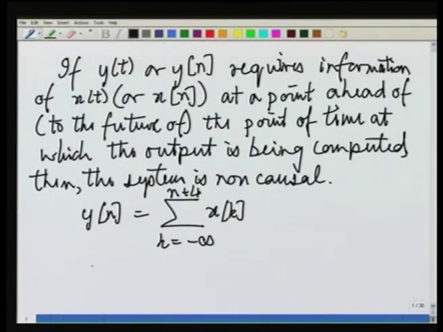Apart from values of k less than n, we will also use values of k greater than n. This is what makes this system non-causal.